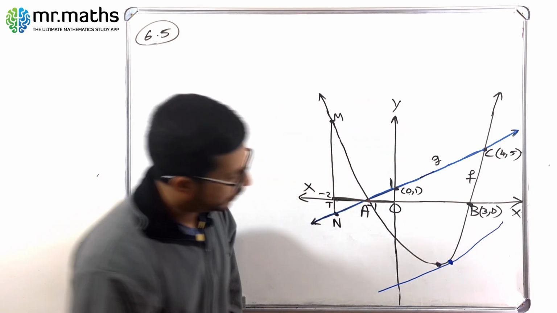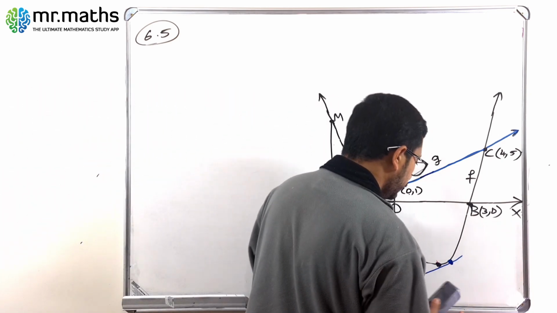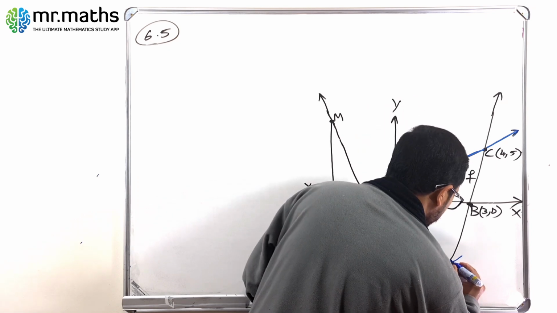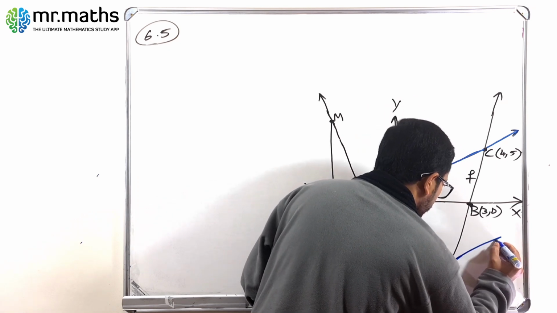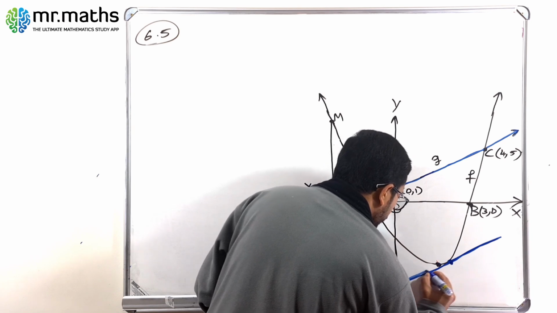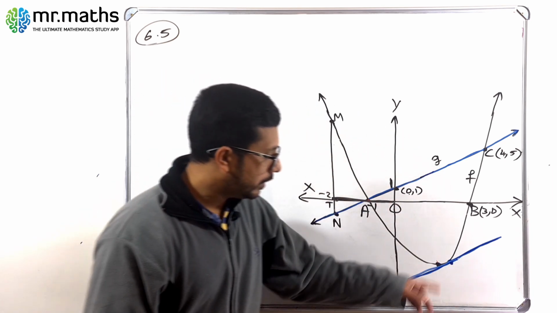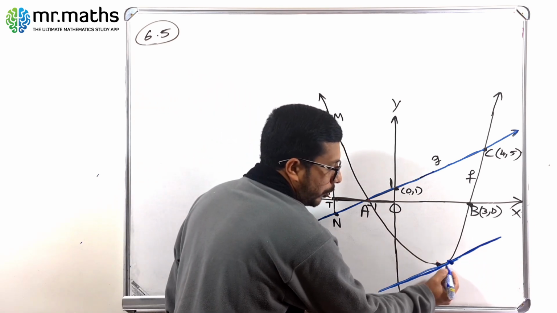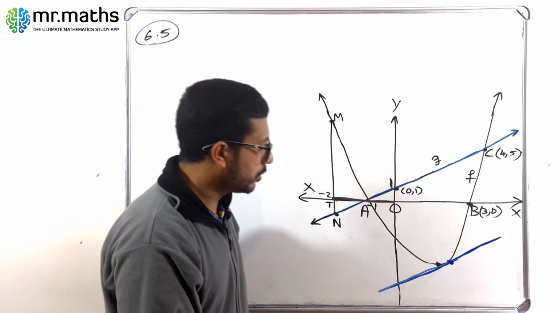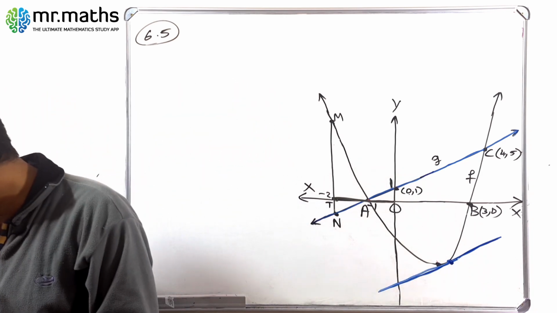Okay, so that must be a straight line. You can see that it is touching this graph only at this point, not at this turning point. So don't think that that is a turning point.